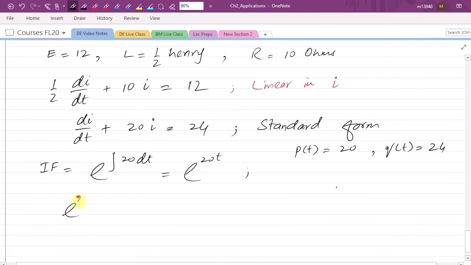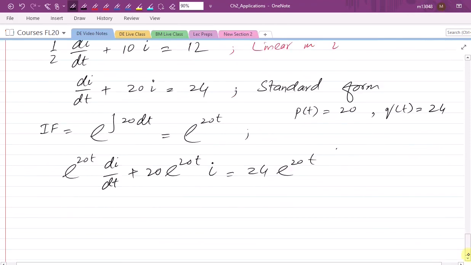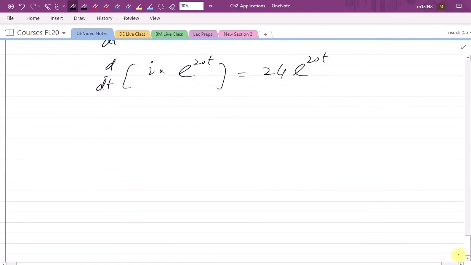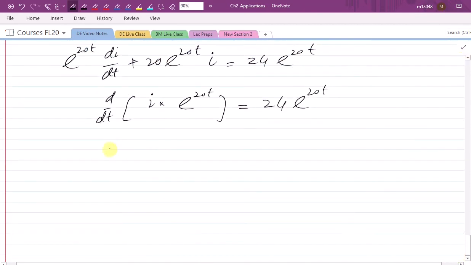Multiply the equation with e power 20t: di/dt plus 20 e power 20t I equals 24 e power 20t, and that is d/dt of I times e power 20t equals 24 e power 20t, and we integrate with respect to t.